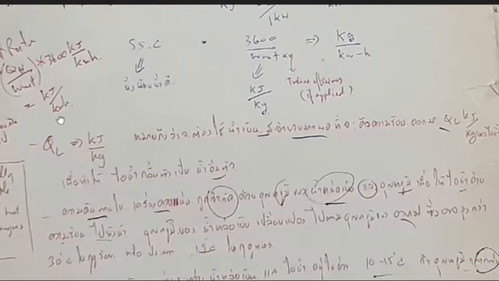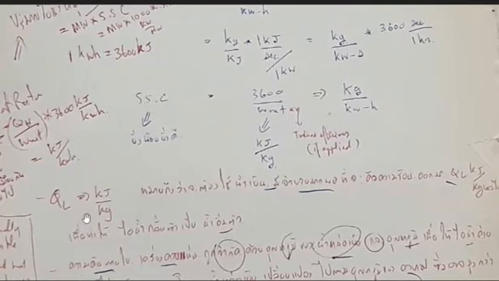Another important value that we need to calculate is the heat rate. Heat rate would be equal to QH divided by work net multiplied by 3,600, and the unit of heat rate would be kilojoule per kilowatt hour.